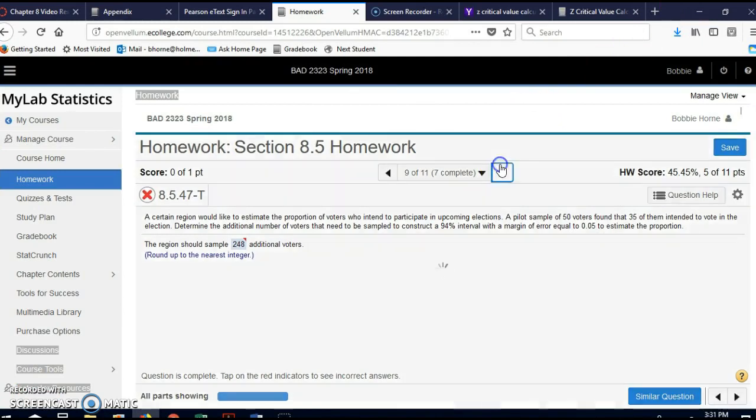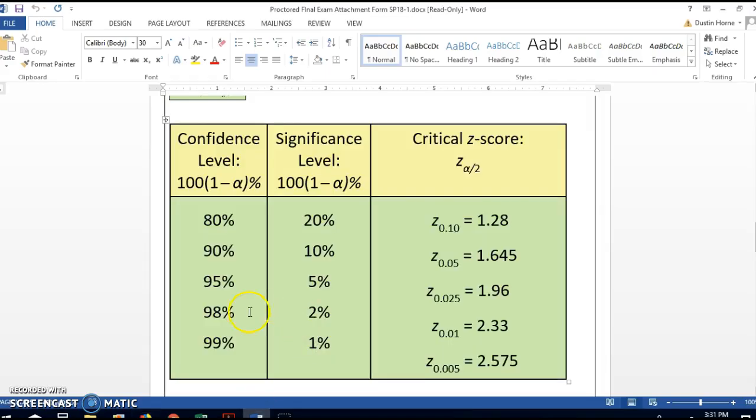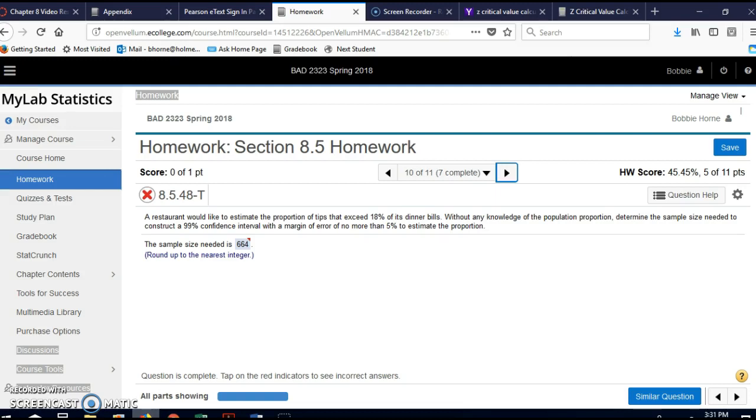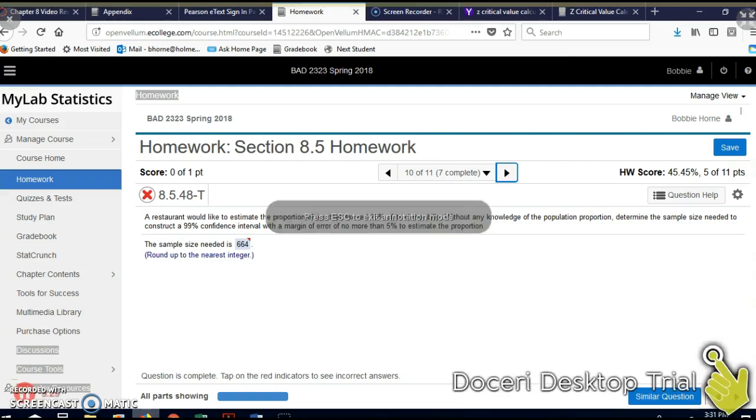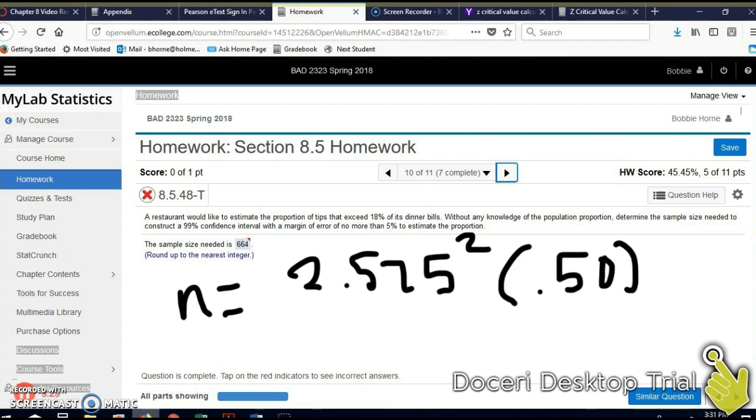Okay, looking at question number 10. This one is a 99% confidence interval, and that's easy because we know the z-value is 2.575. So this one will be a lot easier. 2.575, square it because we're working backwards here. We don't know the population proportion, so we're going to do 50-50 when we don't know.